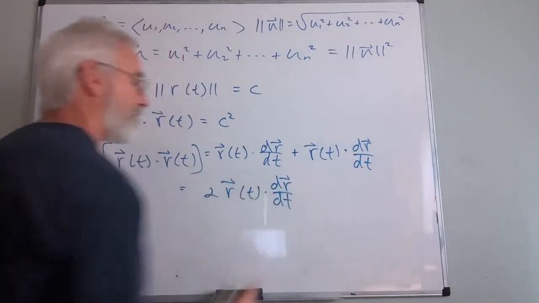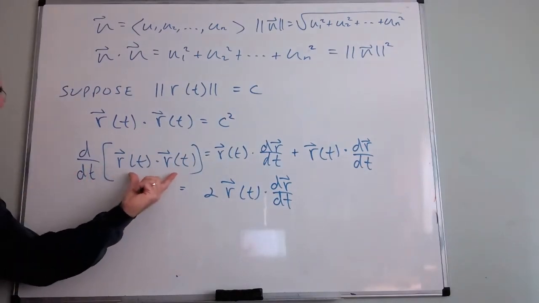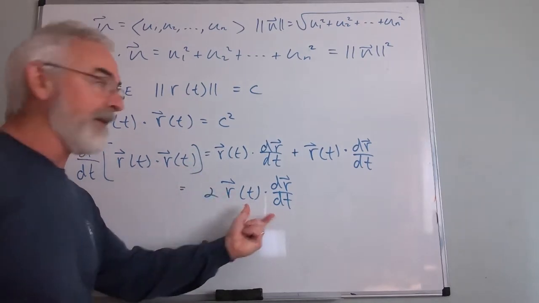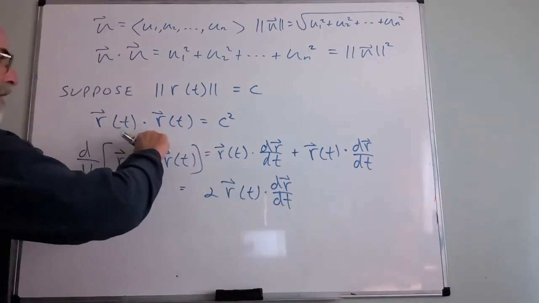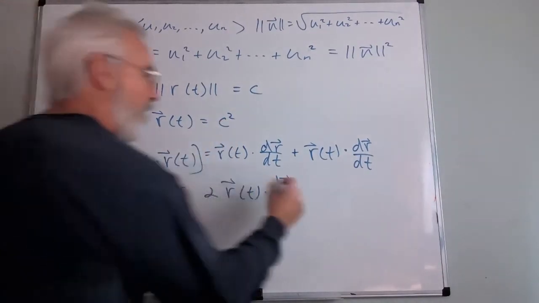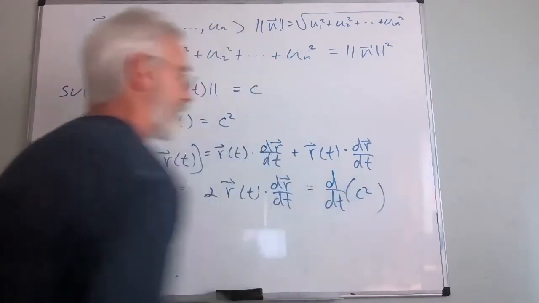Great. So what's the point of that? Well, that would be true anytime I ask you to do the derivative of a vector dotted with itself. It's always going to equal this quantity, except that r dot r, we started by saying that's a constant. So the derivative of r dot r is also equal to the derivative of c squared.